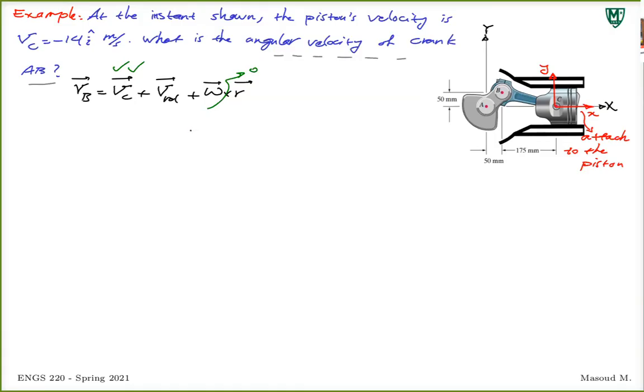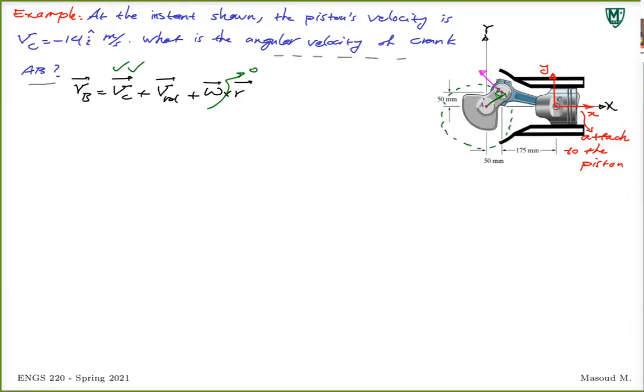VB is the absolute velocity of point B. I just told you that we know its direction, right? We know that it's perpendicular to this and it's in this direction because point B is part of link AB. So if this is R, this is perpendicular and this is the circular direction, right?